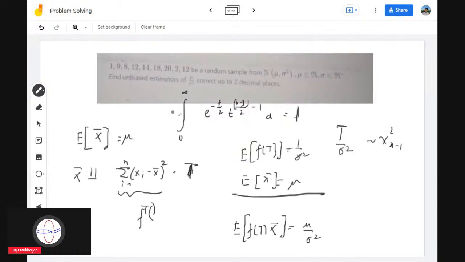Oh, I think there will be a sigma square over here. Sigma square by t. t by sigma square follows that.